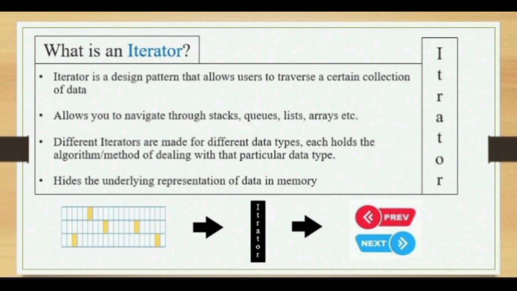The main thing an iterator design pattern does is it hides the underlying complex representation of data and how it is placed in the memory. If you take a look at a list, let's say it holds 5 entries. Those 5 entries are never in consecutive order, rather they are spread apart in the memory in different locations, just pointing to each other.